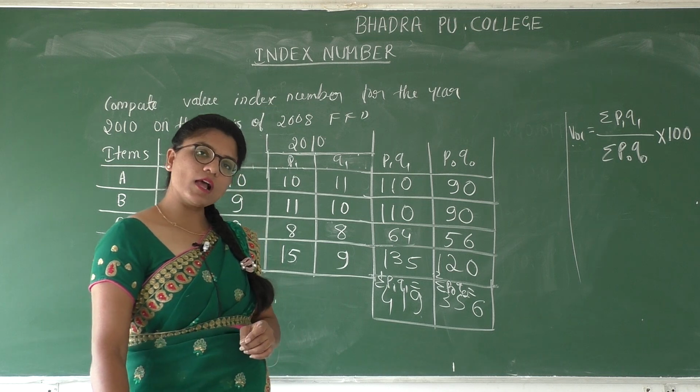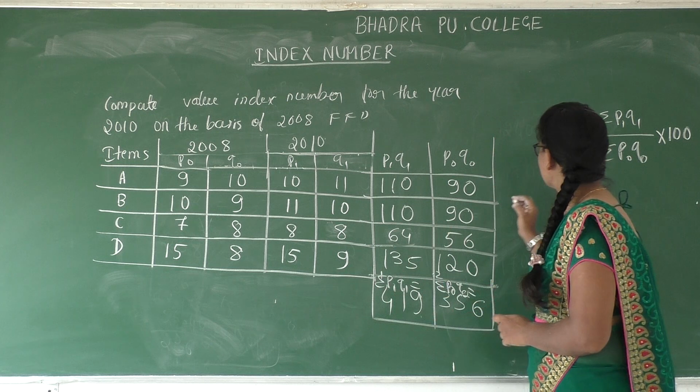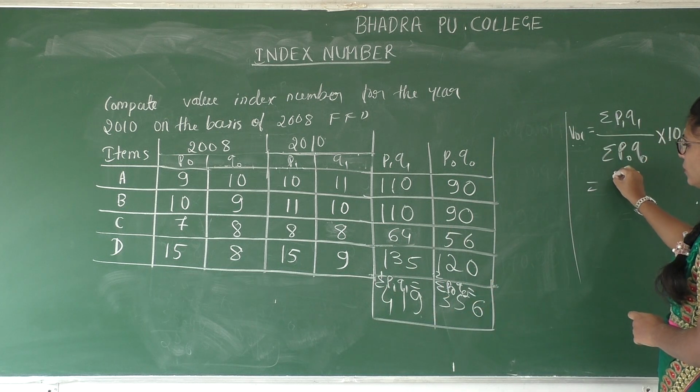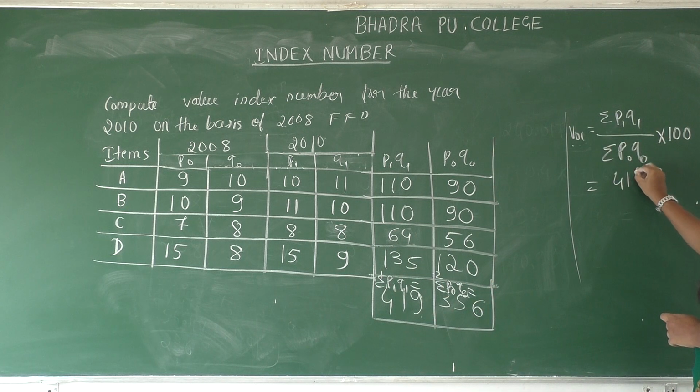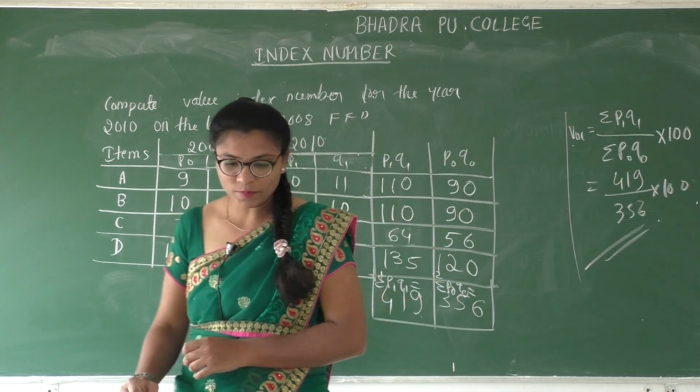Substitute in the formula and you will get the answer. The formula is sum of P1 Q1, 419, divided by 356. Solve the problem and tell me the answer.